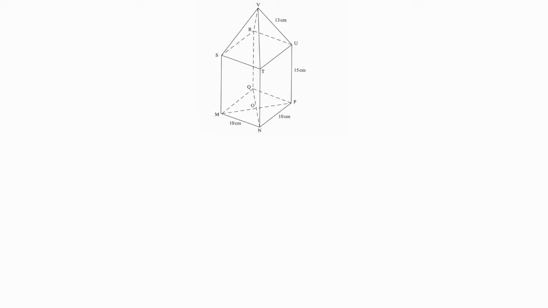So if we let the angle of interest be x, using basic trigonometric functions, the angle between plane VST and plane RSTU will be found using cosine.